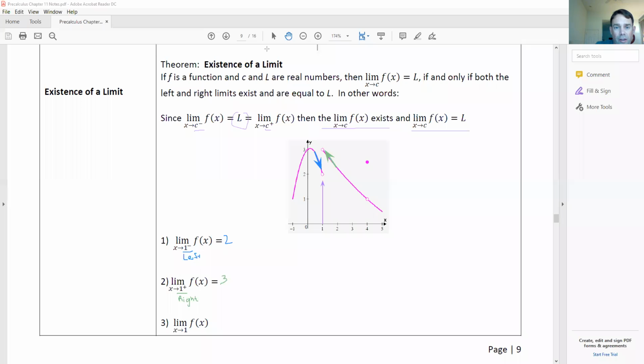And I would say that the limit does not exist, and the reason why it doesn't exist is because the limit as x approaches 1 from the left side of f of x — a lot of people forget to put the f of x here.